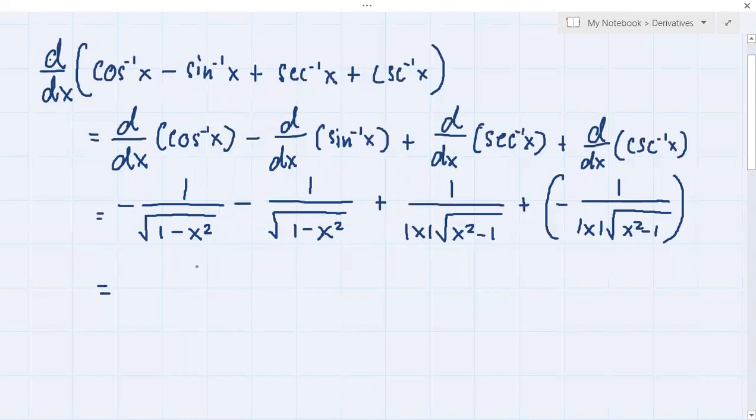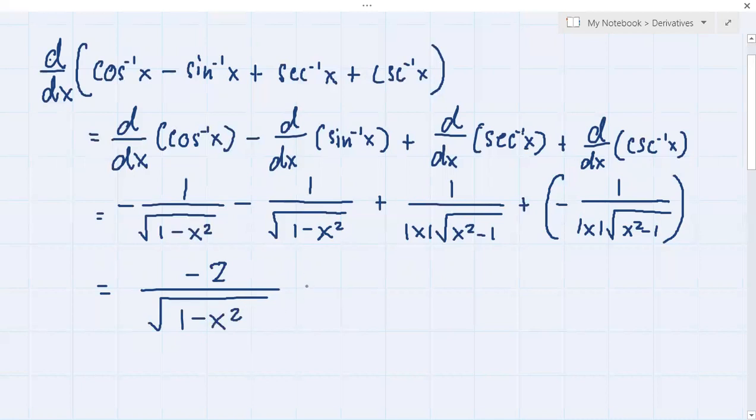So therefore, we're going to add the numerators together while copying the same denominator. Hence, combining the first two terms, we will have negative 2 all over the square root of 1 minus x squared.